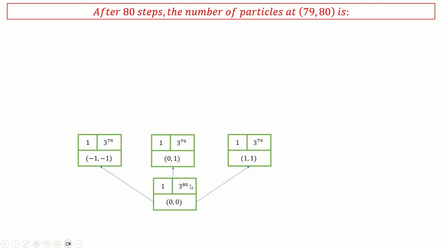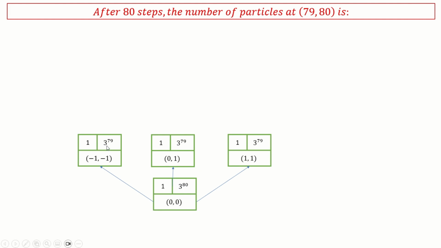Since it is 3 to the power of 80, when you divide by 3 you will get 3 to the power of 79. Every level you go up, 3 to the power of 80 will become 3 to the power of 80 minus that level number. If you are going to the nth level, it will become 3 to the power of 80 minus n. Remember that. Now, how many such 3 to the power of 80 minus n's will be there? That we will decide based on this.